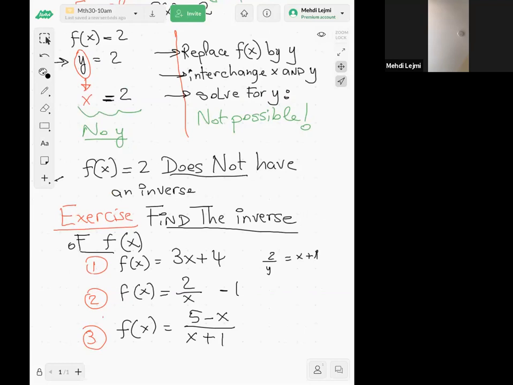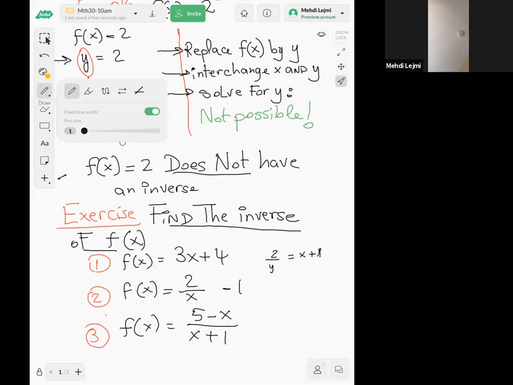The left side is a fraction, so you can make the right side look like a fraction. You can just divide here by 1, all right? And then you can flip both fractions. So then y over 2 would be equal to 1 over x plus 1.